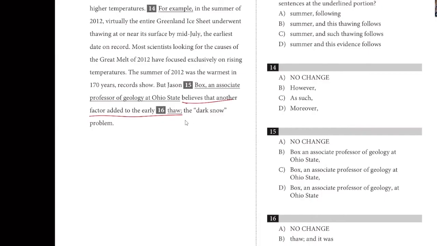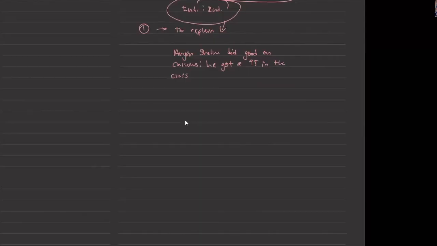It says believes that another factor added to the early thaw, and then you would use a colon here, and the colon is used to define what the other factor was. So that is an example in which you can use a colon, obviously, if you're trying to define a certain thing that is presented in the previous independent clause.